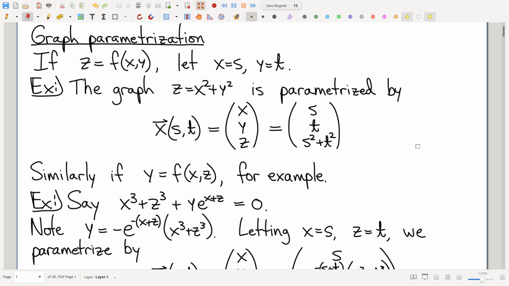My criticism of the book in this section is that they only show existing parameterizations and then help you interpret what surfaces they represent. And I claim this is backwards from what you need, right? If you're encountering some natural scenario where you're going to need to parameterize a surface, you don't get the parameterization to start with.